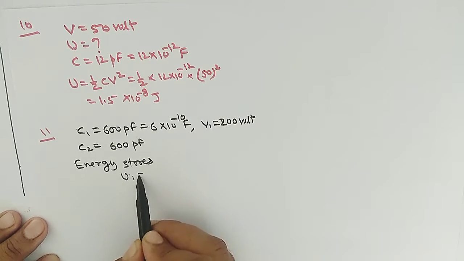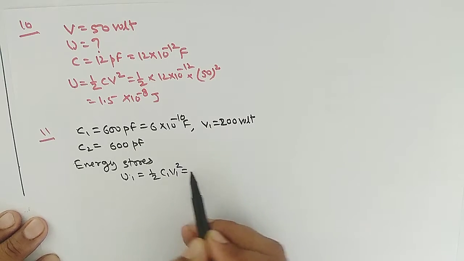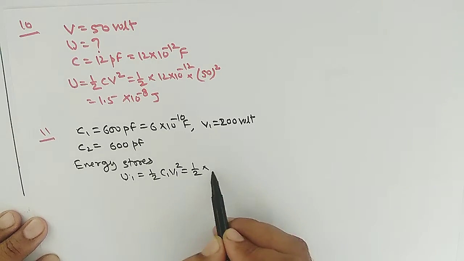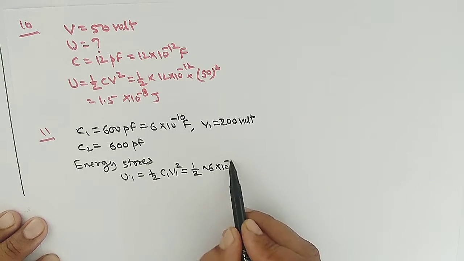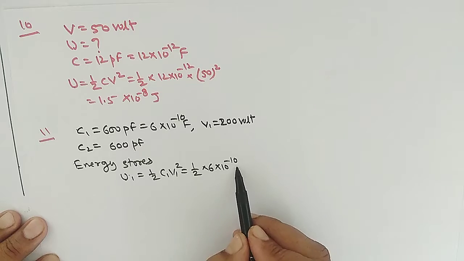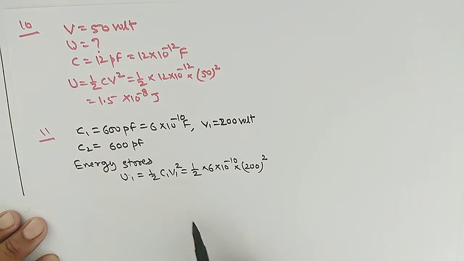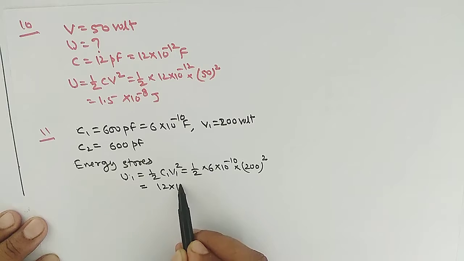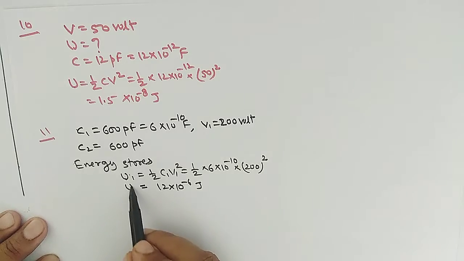That is U1, equal to half C1 V1 square. C1 is 600 picofarad, so 6 into 10 to power minus 10, and V is 200 square. When you solve it, you will find it is 12 into 10 to power minus 6 joule. This is U1.